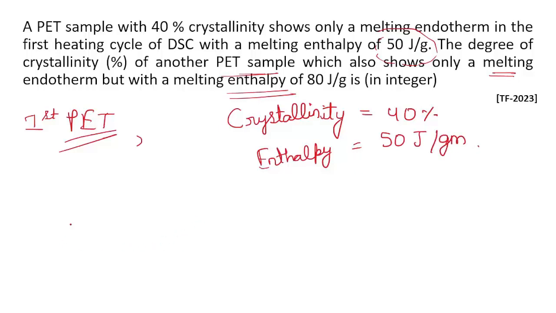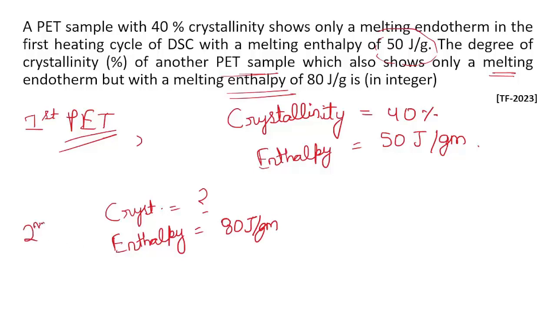And for the second PET sample, the crystallinity we need to find, and the enthalpy is given as 80 joule per gram.